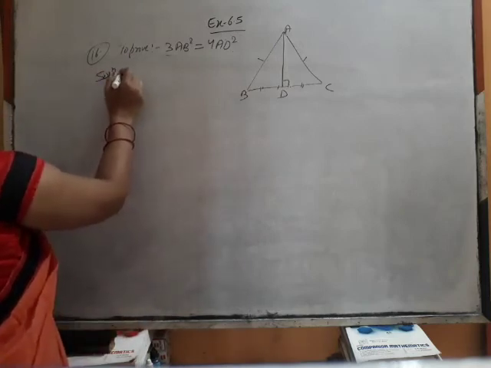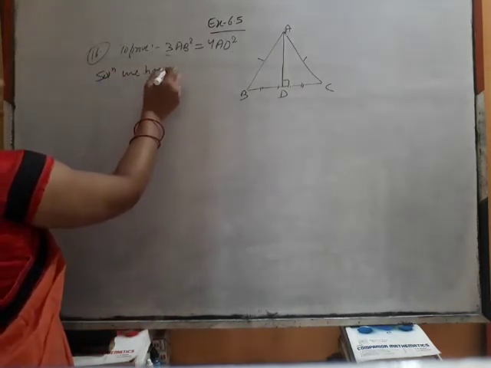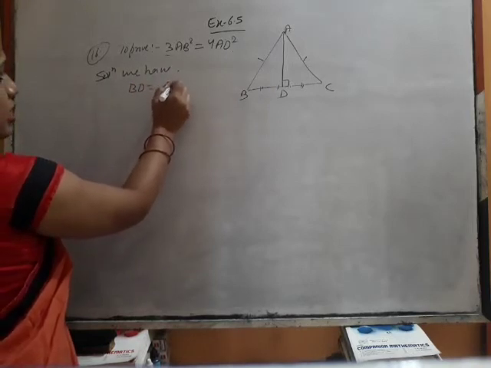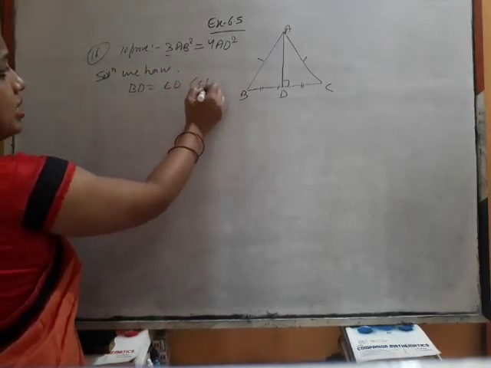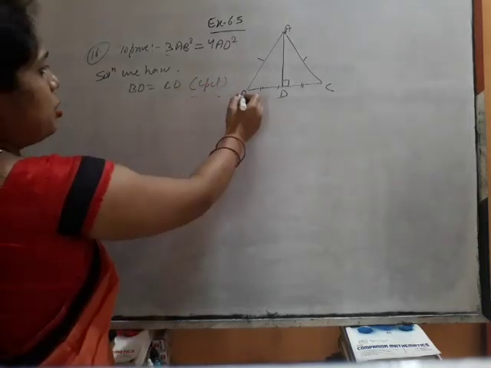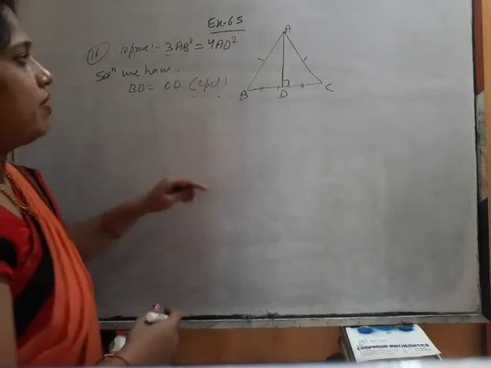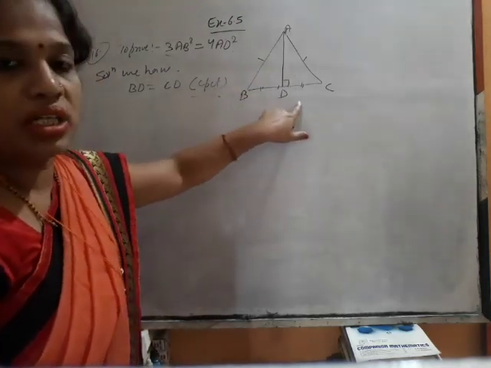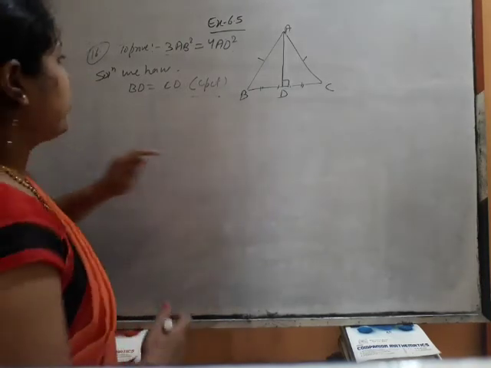Solution. We have BD is equal to CD by CPCT. CPCT I am writing directly. You can write the statement that these two triangles are congruent, then BD becomes equal to CD by CPCT rule. Okay.